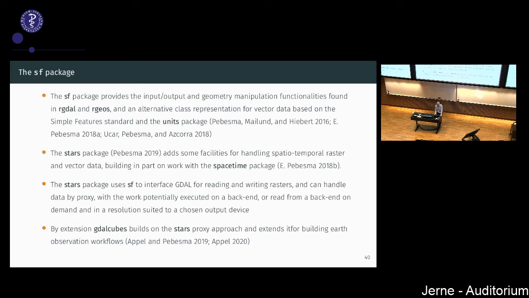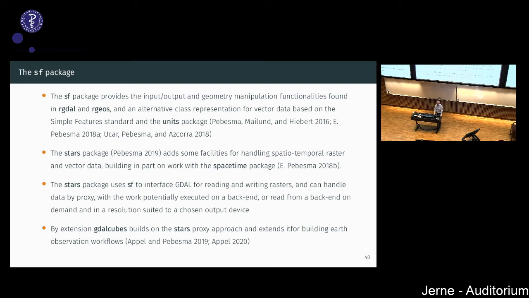Some ways forward. We talked among the people who felt responsible for maintaining these packages, after completing a JSS special issue in 2015, which was quite a lot of work, getting 20-something papers into a Journal of Statistical Software special issue.